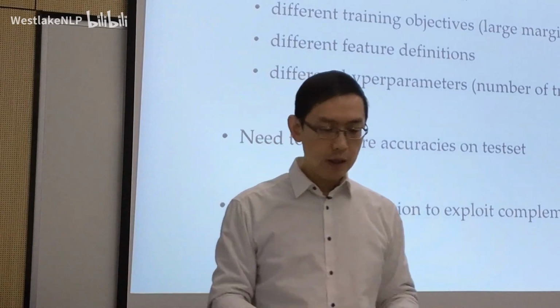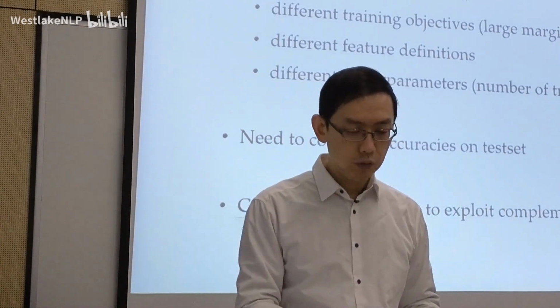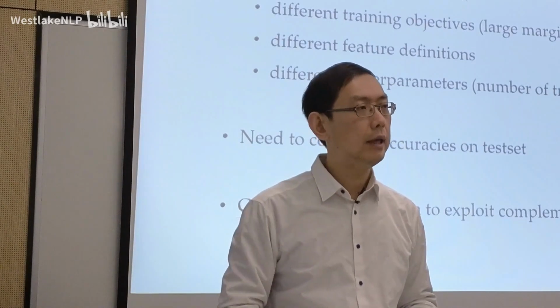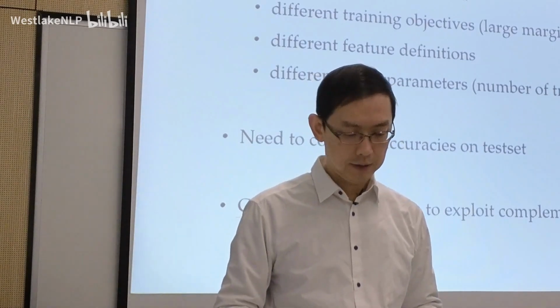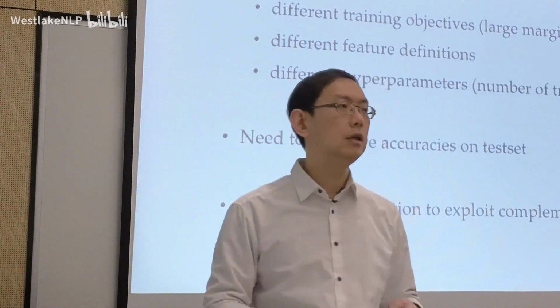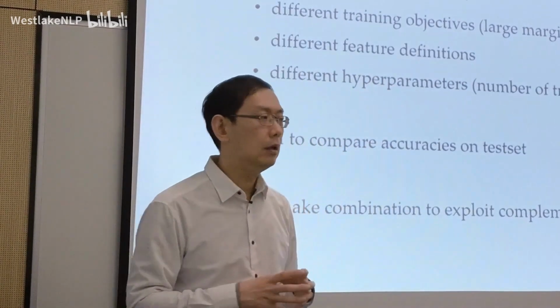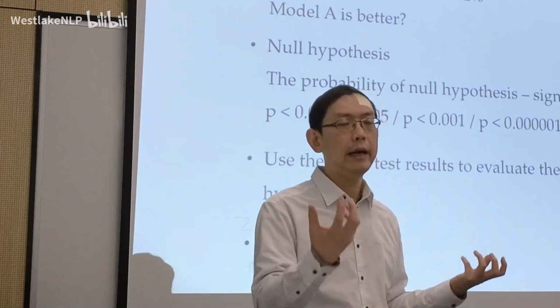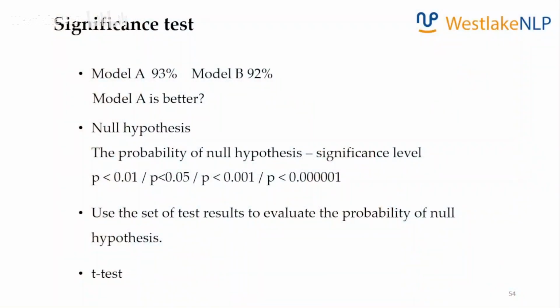Okay. Something that can be a tool to convince the person who asks this question is the significance test. What is a significance test? The principle is that you have an assumption that the two models are actually not so different. Okay, they are essentially not different. This one, in general, doesn't perform better than that one.